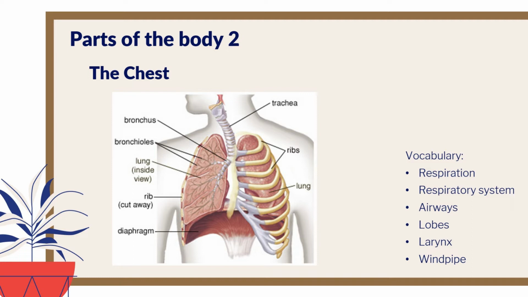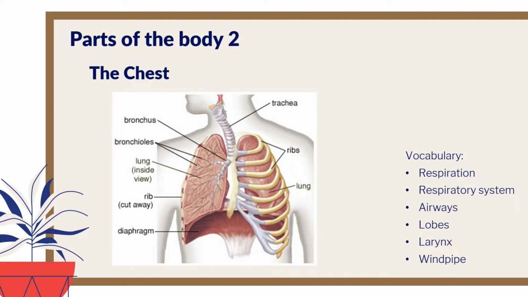So now here we have the chest or the thorax, which contains the organs of respiration and the heart. The main parts of the respiratory system are the airways and the lungs. The left lung is divided into 2 lobes and the right into 3.